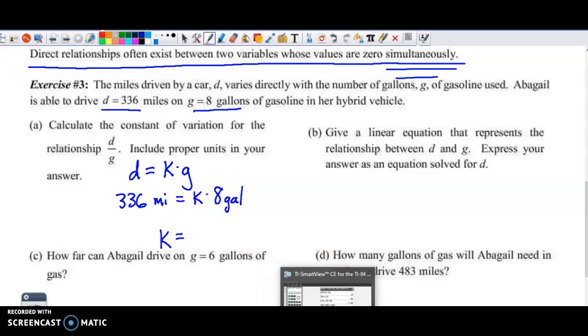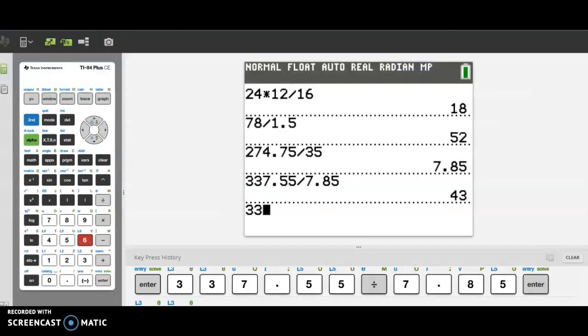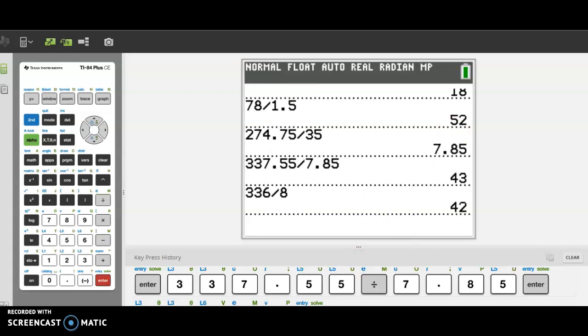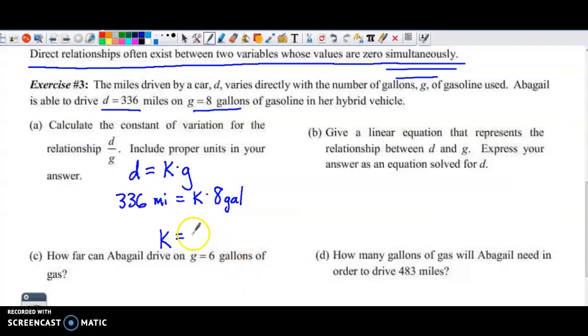So let's figure out what that number is. 336 divided by 8 is 42. The reason why you need to have your proper units down here is when you divide, you might write it as miles over gallon. And the intent of this question is to realize that what you're really finding is miles per gallon. You may have seen that before.